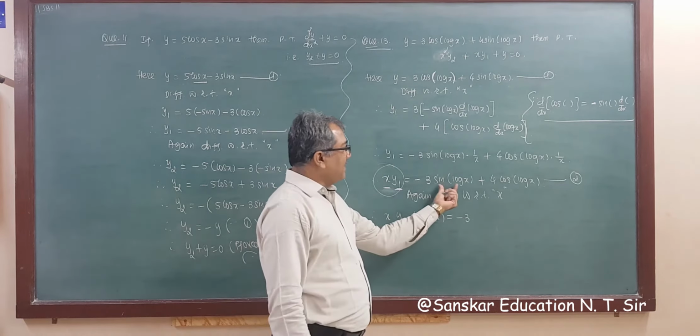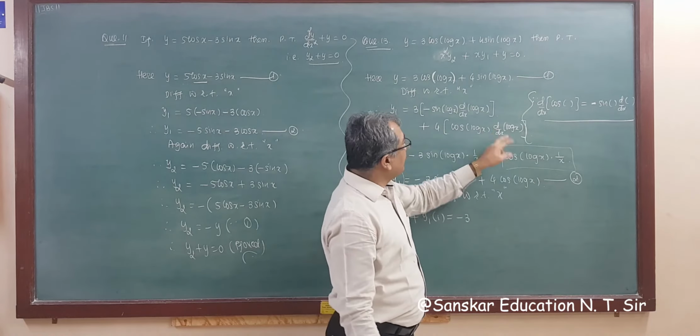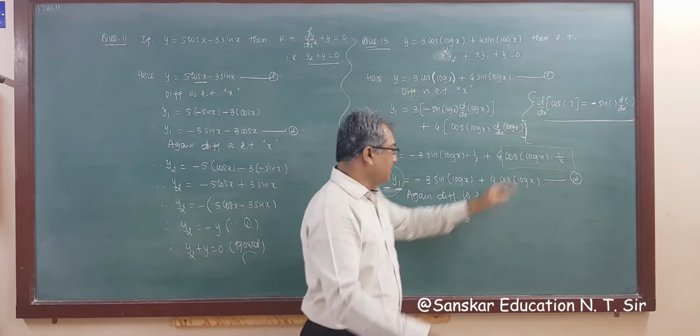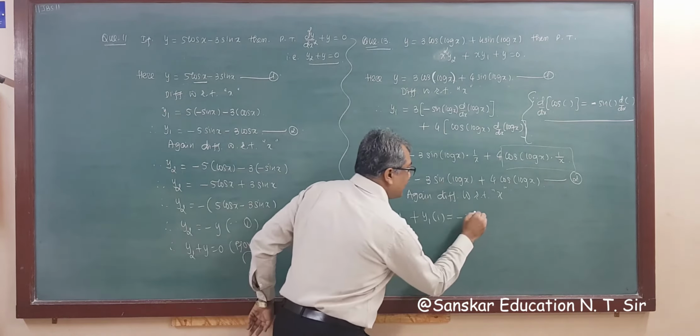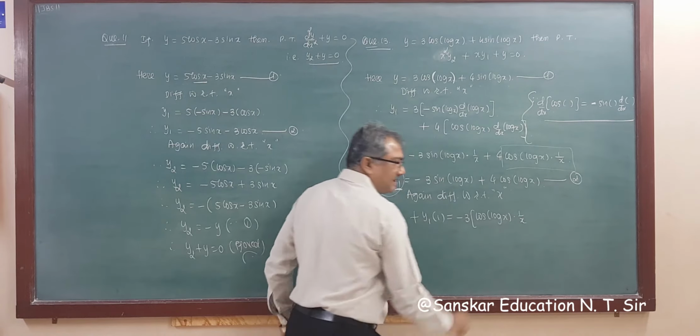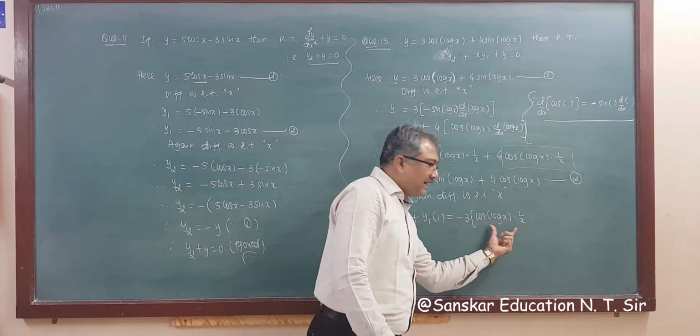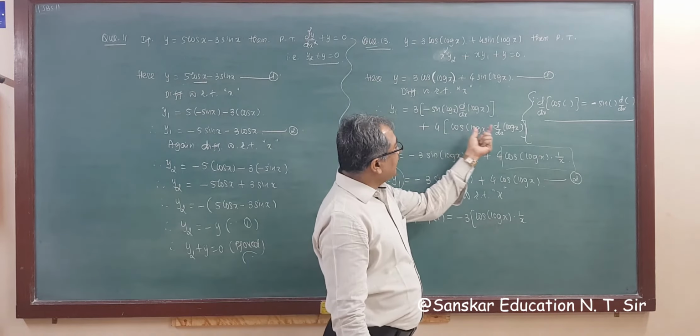I am writing this derivative directly because you did it before, so no need to write this d dx of log x again. So cos log x and the derivative of log x is 1 upon x.